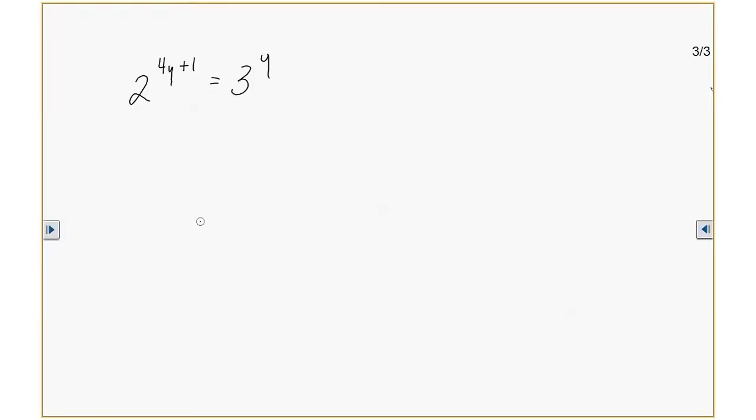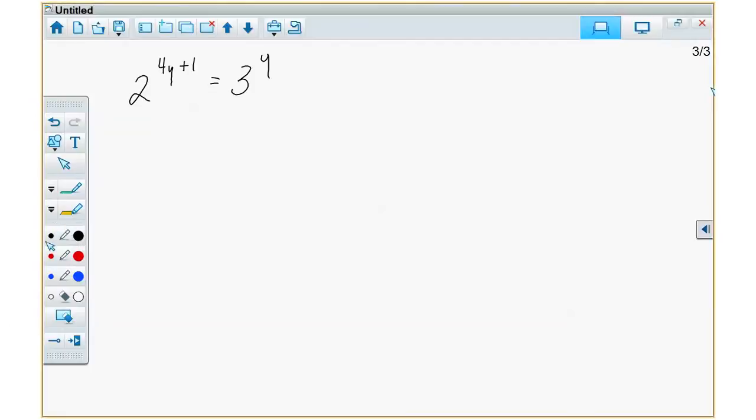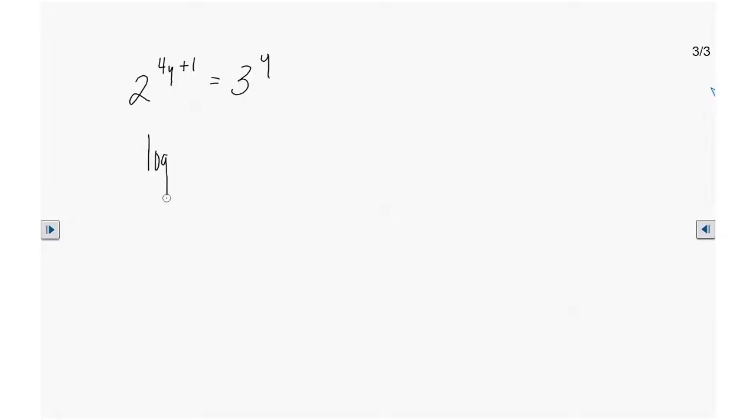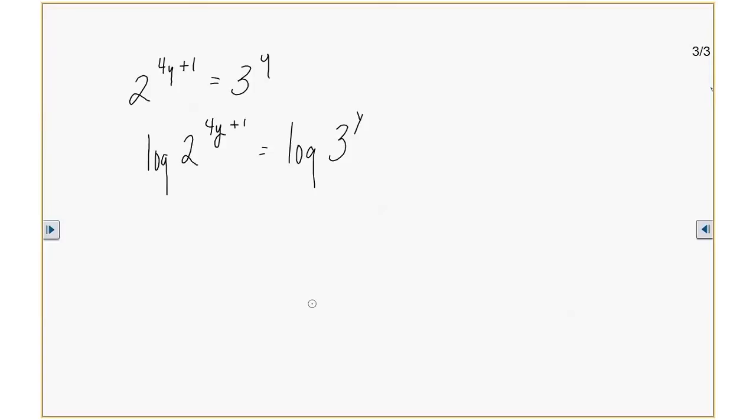Okay, so everybody can put LOG in front, everybody can do that? And then you just sit there, right? LOG of 2 to the 4y plus 1 is equal to LOG of 3 to the y. Now what?